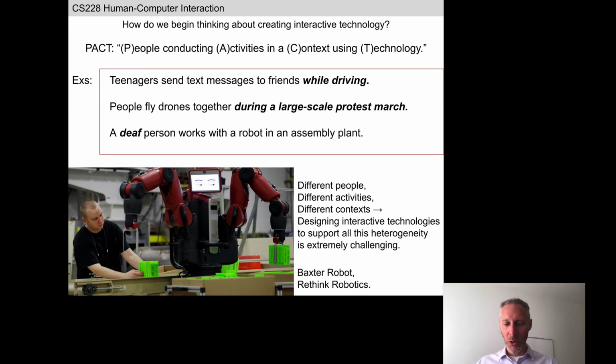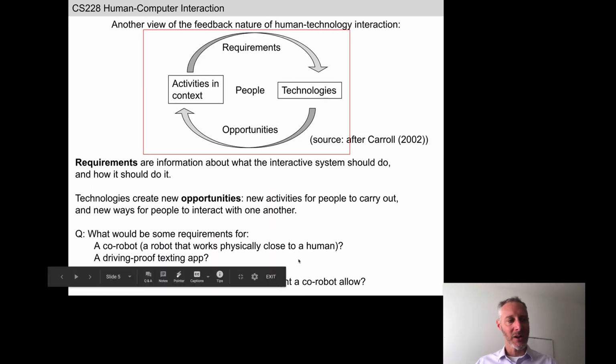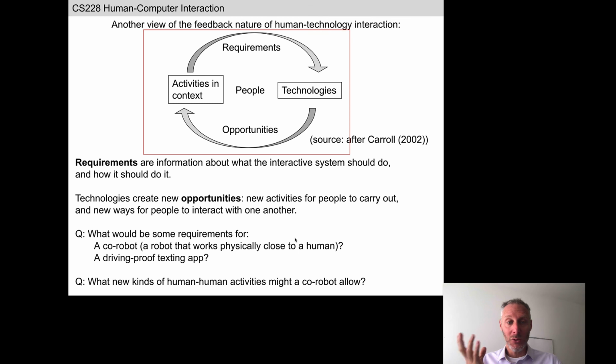Once you have people and robots working in close physical proximity, what other human activities might then become possible? Human activities, social interactions that would have been impossible before you had co-robots, robots that can collaborate in close physical proximity to humans. Let's say co-robots exist now.